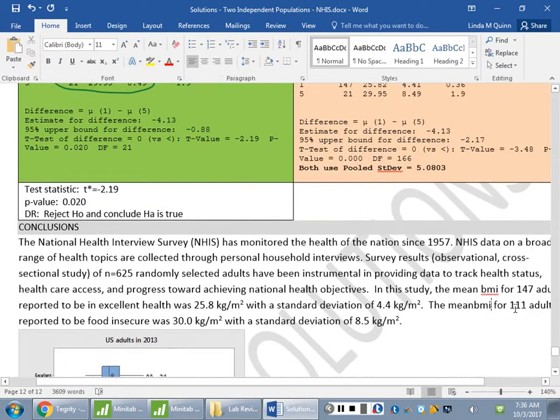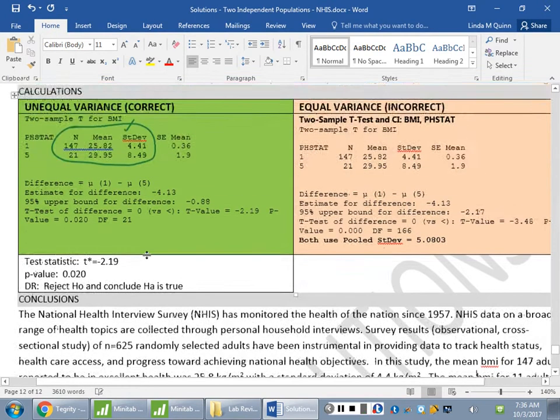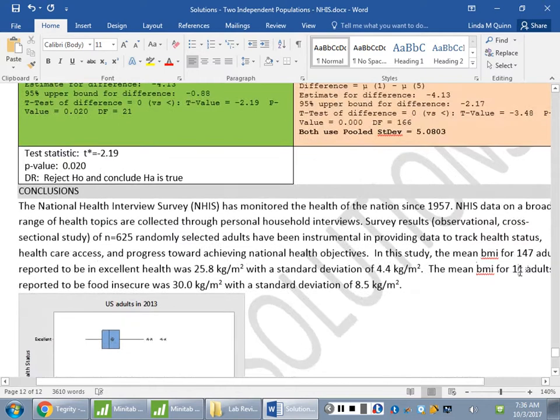I think this is a typo as well, so let me fix that up. That would be 11 adults. I'm sorry, I can read. It's 21 adults.